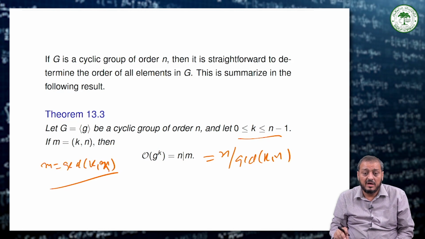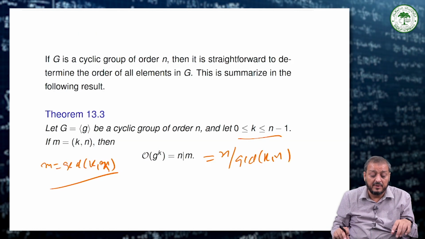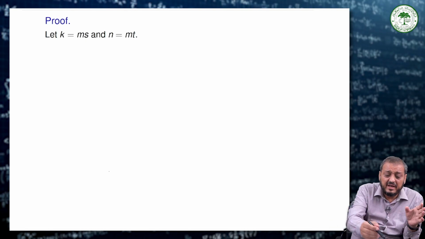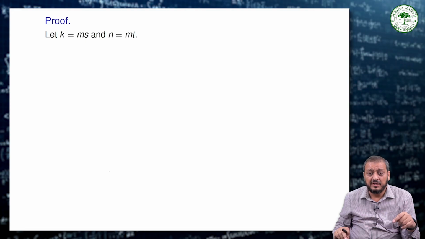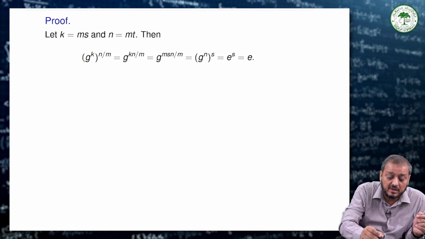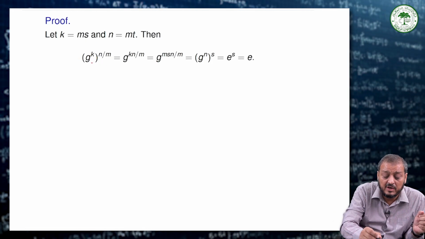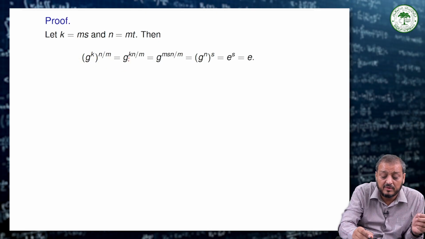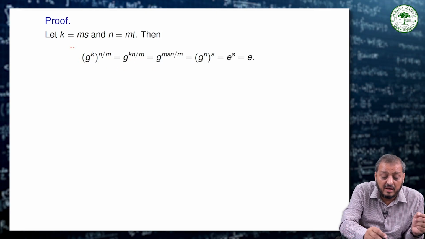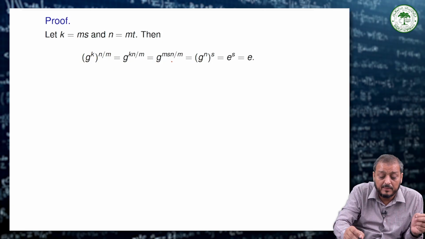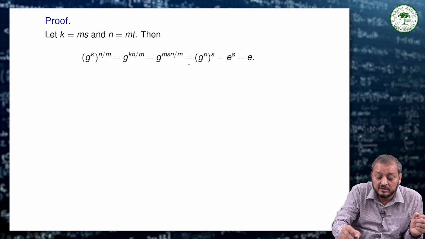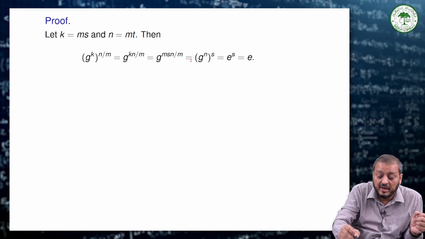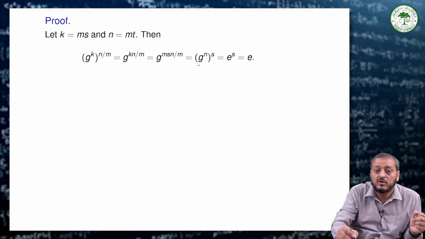The proof is very simple. Let k be equal to ms and n be equal to mt. Then g to the power k raised to n over m can be written as g to the power ms times n over m, and then we can say that g to the power n, raised to the power s, is equal to identity.